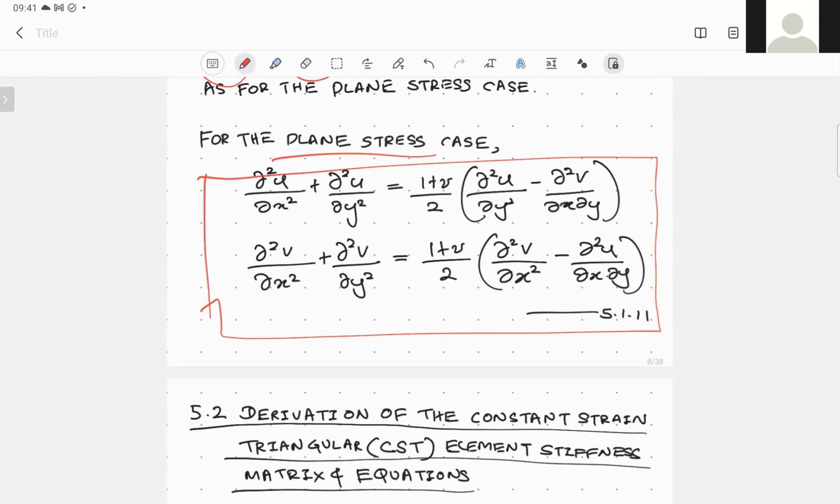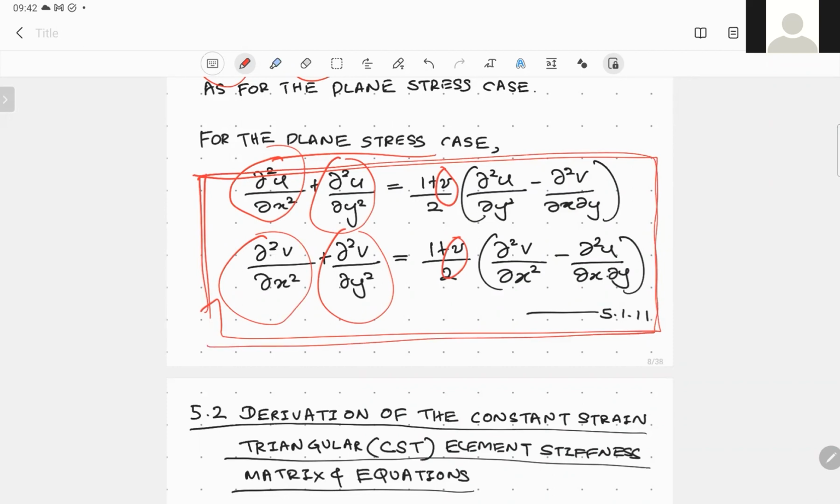The plane stress case can be characterized using differential equations, which relate the strains in the x and y directions as well as the normal directions. And you can see the material Poisson's ratio has come into the equation. So imagine these two sets of equations are used to define a plane stress condition.